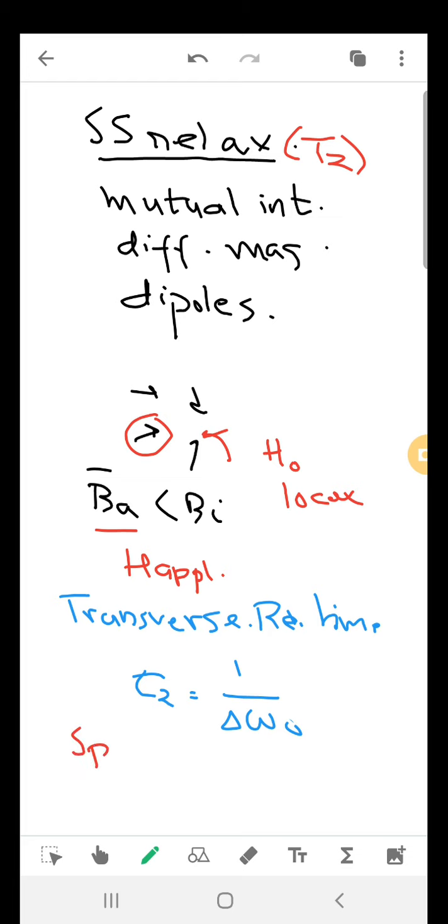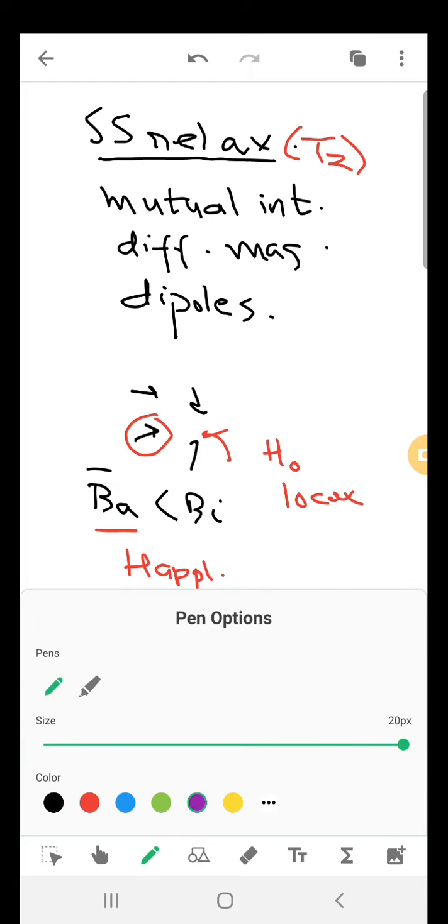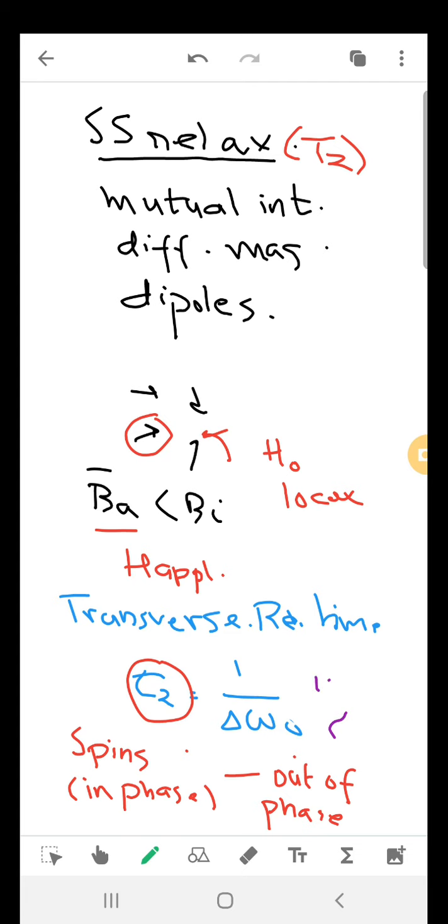The time taken for the spins which are in phase to go out of phase is tau 2, and it is equal to 1 by the difference between the frequencies of the two spins, and it is of the order of 10 to the power minus 4 seconds.